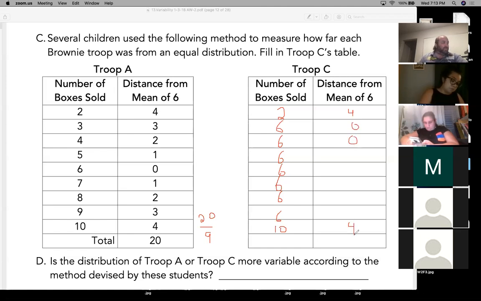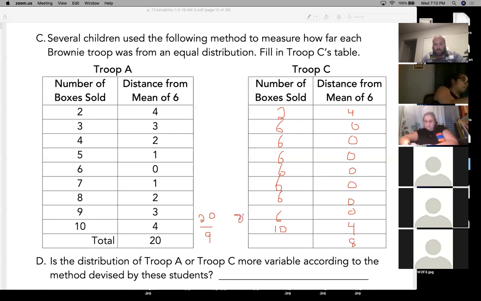For a total value when you add them up of how much? 8. You can put in those zeros here if you'd like. And therefore, what is the mean absolute deviation for this one? 8 over 9.